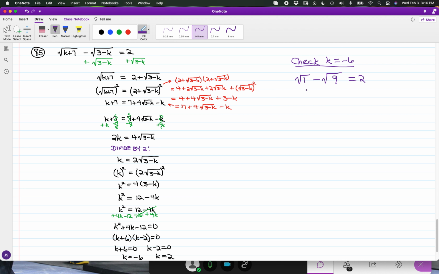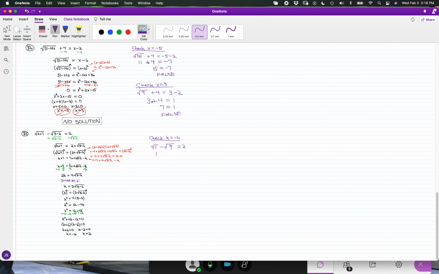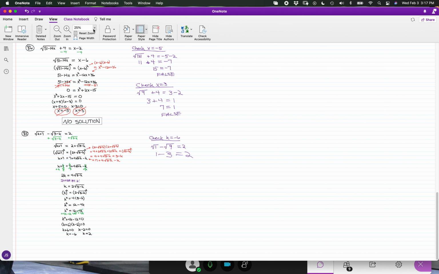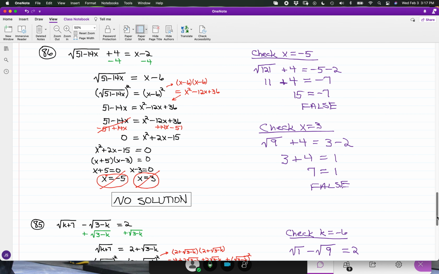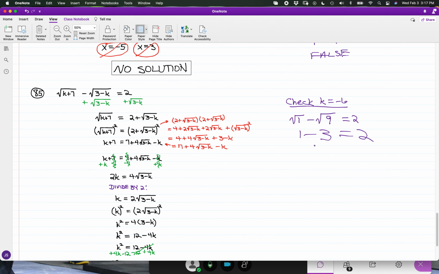Now the square root of 1 is 1, and we have the subtraction of the square root of 9, so you have 1 minus 3, which becomes negative 2. So that is going to be false. So negative 6 falls short. All hopes ride upon the value of 2.